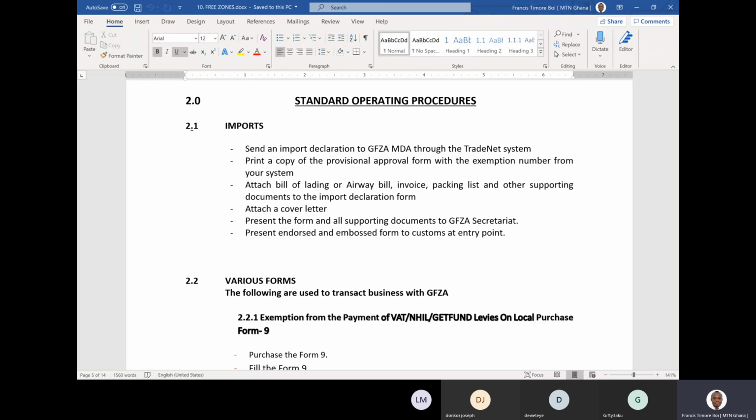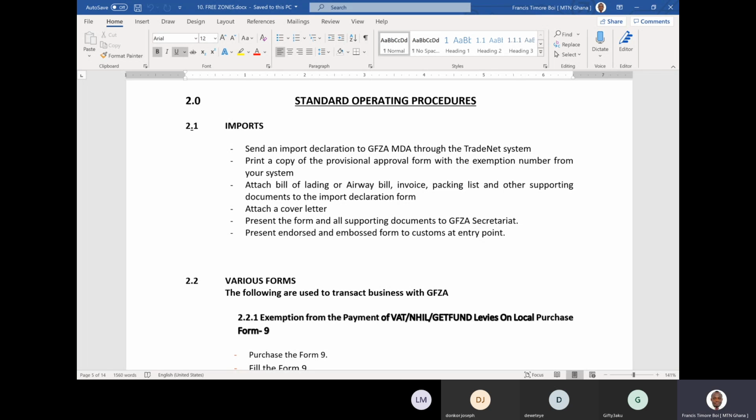so they send the import declaration, then they print a copy of the approval form with the exemption number from their system. Then they attach the bill of lading or airway bill or whichever. Then you attach a cover letter. Then present the form and all supporting documents to the Ghana Free Zone Secretariat.